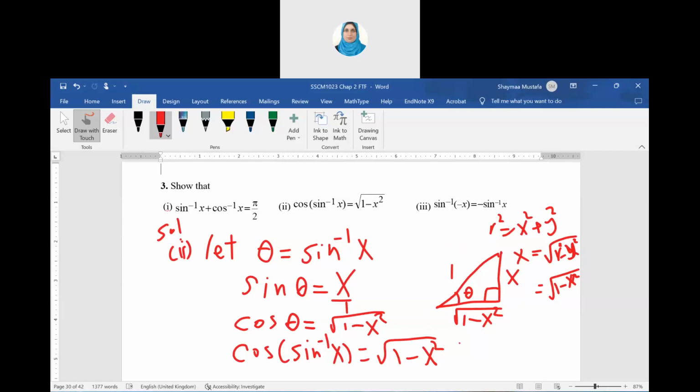Now from the right triangle, you can calculate cos theta. Cos theta is adjacent over hypotenuse, which is the root of 1 minus x squared over 1. Theta is the same as sine inverse x, so cos sine inverse x is equal to this value. This is identity number 2.